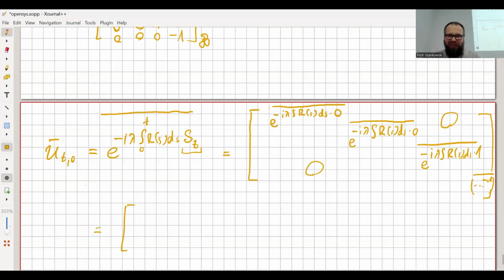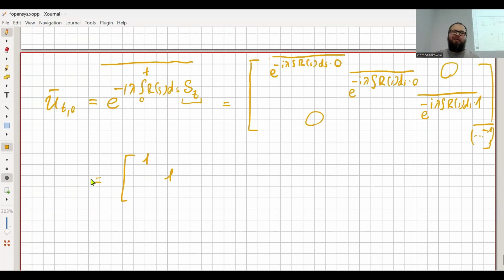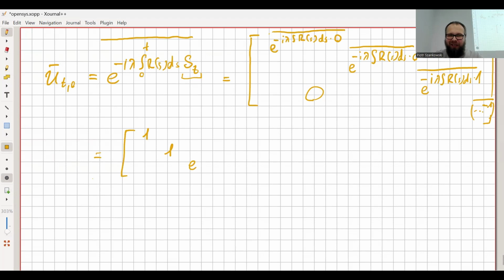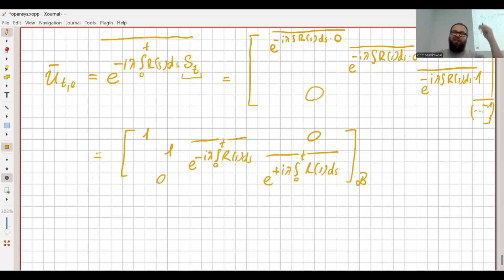In other words, this is just 1, since the exponent of 0 is 1, and here we get e^{-iλ ∫R(s)ds} averaged, plus e^{iλ ∫R(s)ds} averaged, and 0 everywhere else. So it's a diagonal matrix, okay?